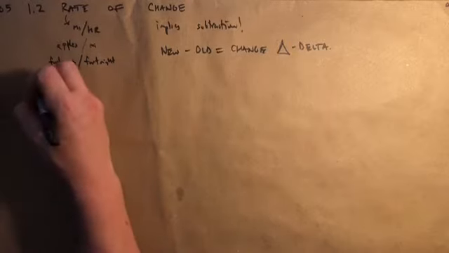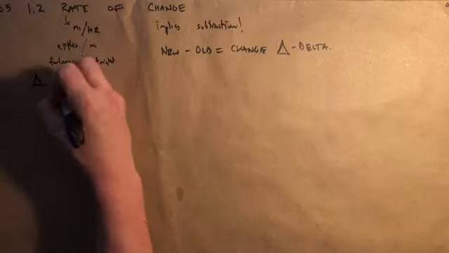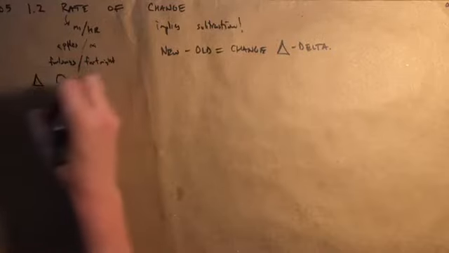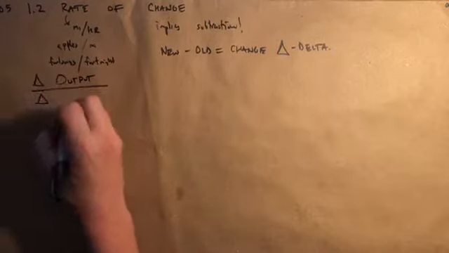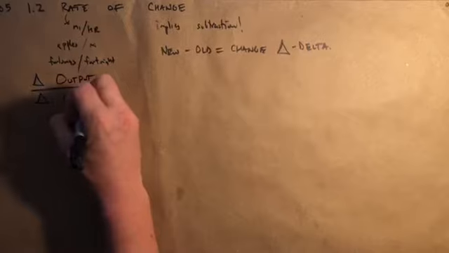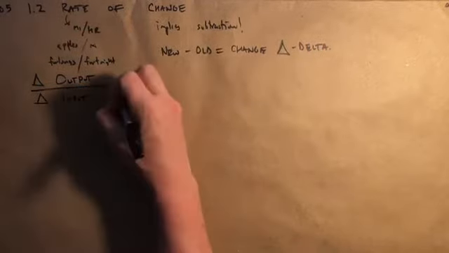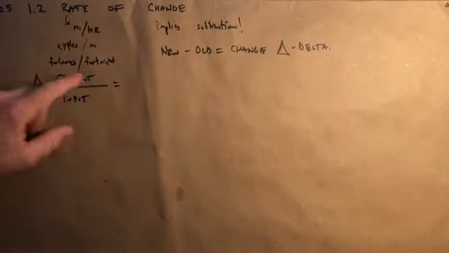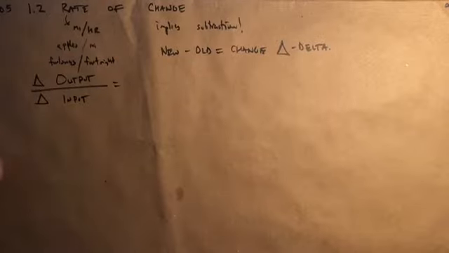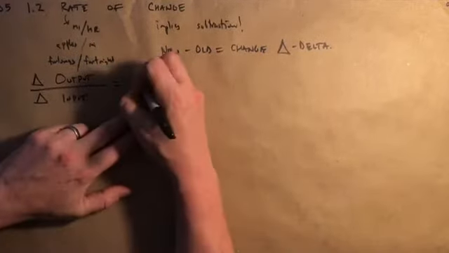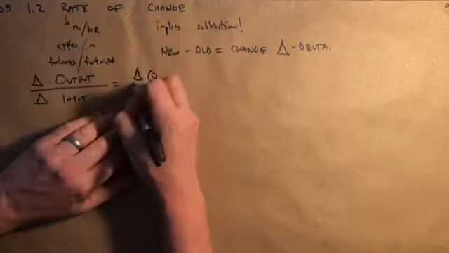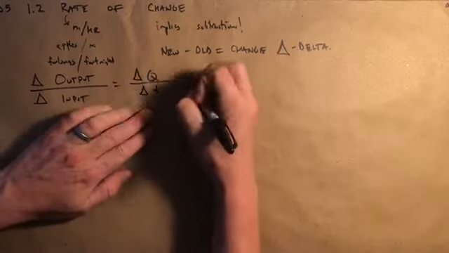So we can say that it's going to be the change in output divided by the change in input. Now, from back in the day, your output variable was always y. I don't really care for y. We'll say delta q over delta t.